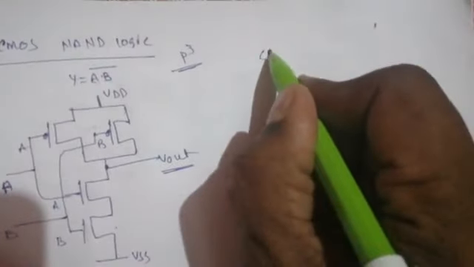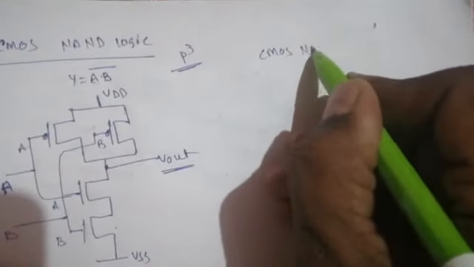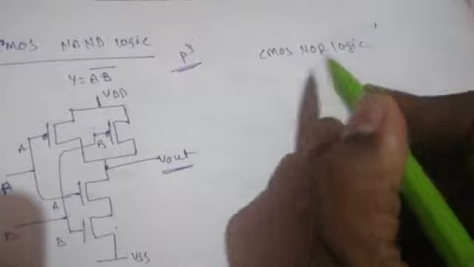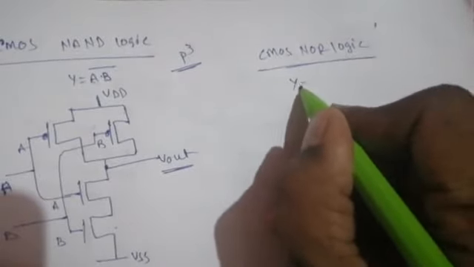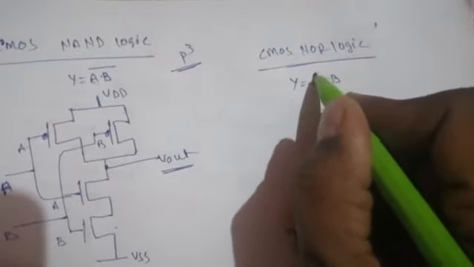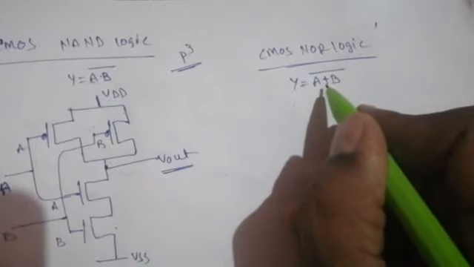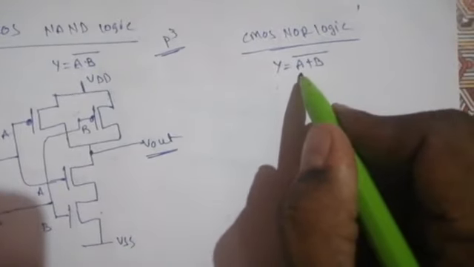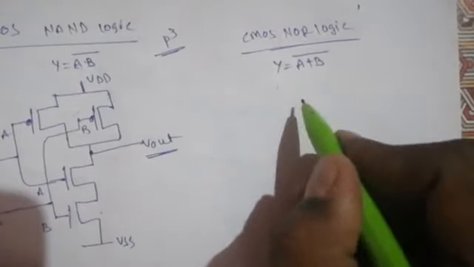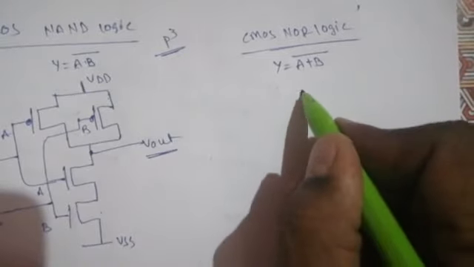Like this, you can design CMOS NOR logic also, by using the PMOS logic. A plus B whole bar. For A plus B whole bar, first of all we have to design the PMOS. This is series, so serial connection.